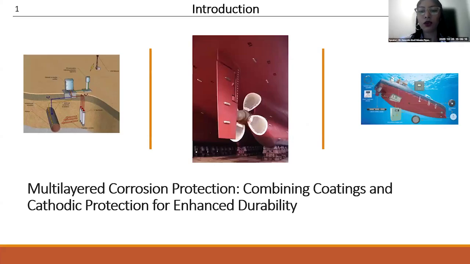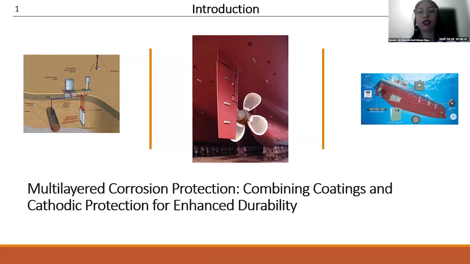Corrosion protection methods are usually selected based on a specific application. However, in many real-world systems, such as submerged pipelines or ship hulls, it is often necessary to combine multiple strategies to ensure long-term protection.